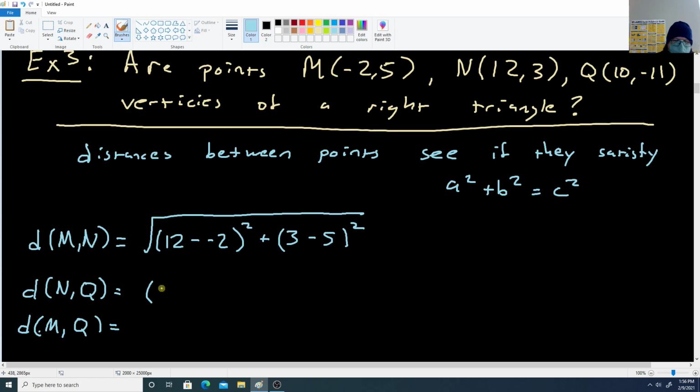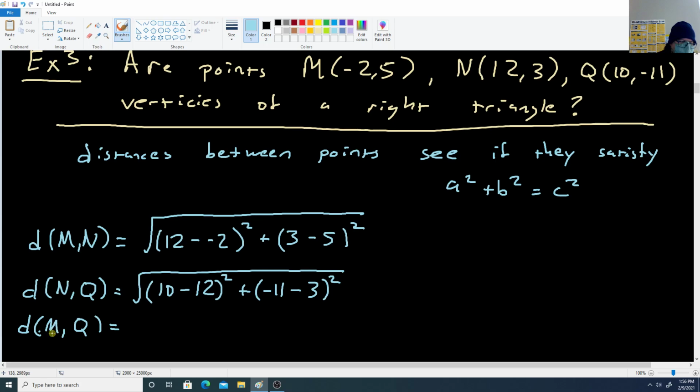So I'll get the square root of (x2, which is 10, minus x1, which is 12) squared, plus (y2, which will be negative 11, minus y1, which will be 3) squared. So this was the x2, that's x1, this is y2, that's y1, and in the first one here, this was x2, that was x1, this was y2, that was y1.